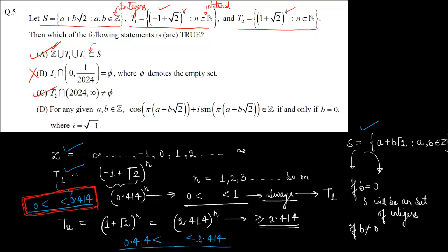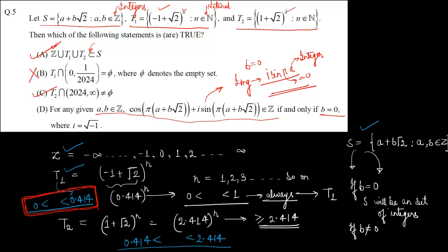In option D, it is saying that for any integers A and B, cos plus i sine will belong to the integers if and only if B is equal to 0. If B is equal to 0, then the imaginary part will be i sine pi A. Since A is always an integer, it will always be 0.